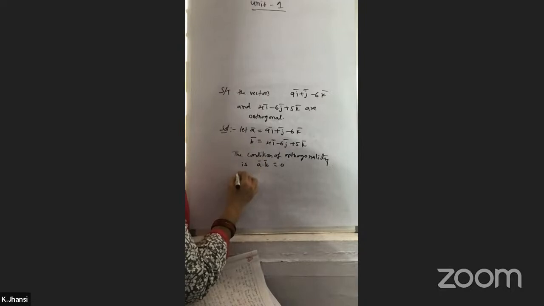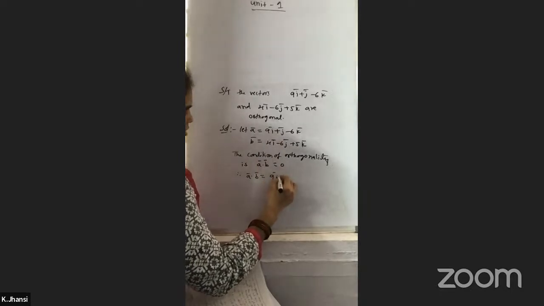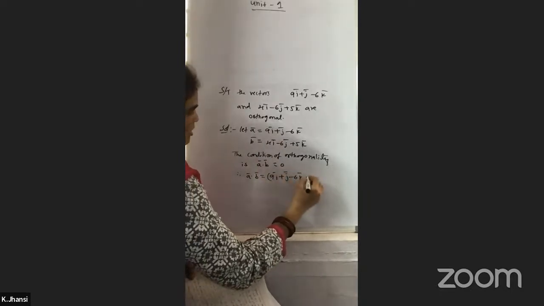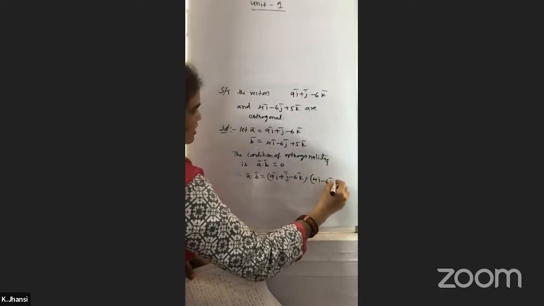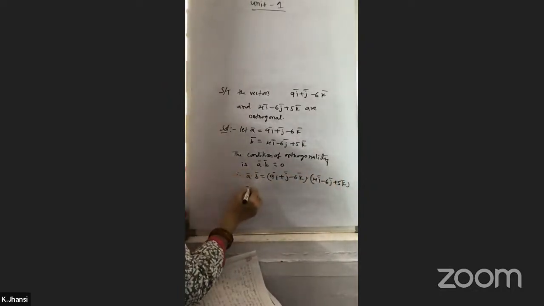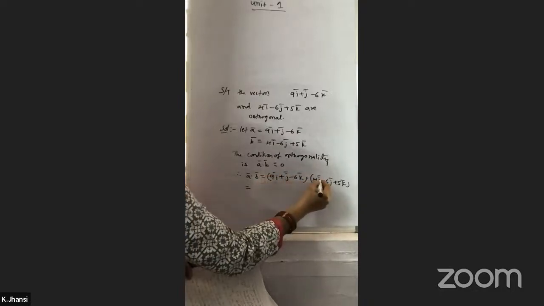So A dot B equals 9i plus j minus 6k dot 4i minus 6j plus 5k. See whether you are getting 0 or not. 9 4s are 36.